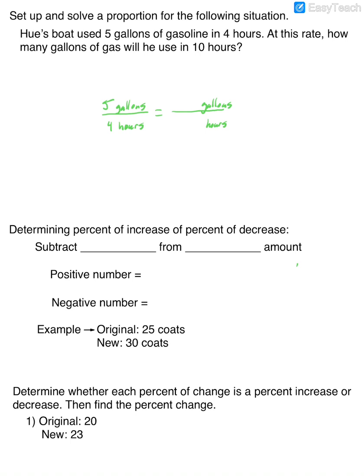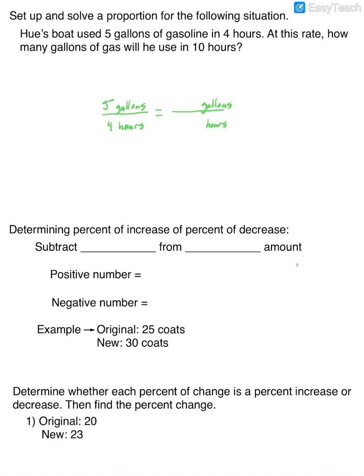If you were talking about boys to girls, you could do either one, but if you do girls on top and boys on the bottom, then you do the same for the other one. You just have to keep that ratio, or shoes to hats or whatever you're talking about, okay? That's the idea of a proportion, that both ratios make sense to one another.